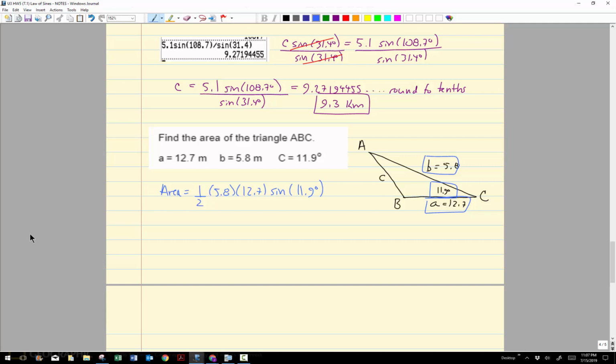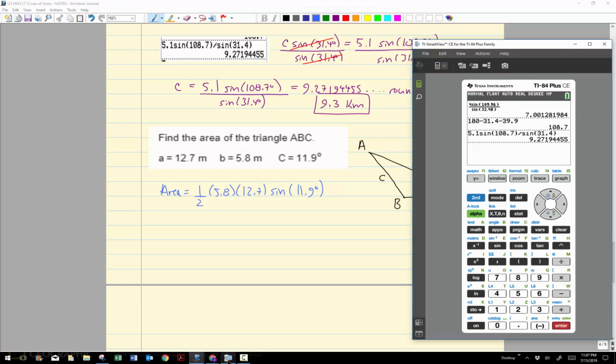Now keep in mind something, make sure that when you're using your calculator that you're in degree mode, and we certainly are here. So I have 0.5 times 5.8 times 12.7 times sine 11.9, and I'm in degree mode, so I get 7.594, etc. And then we'll round this to the nearest tenth.